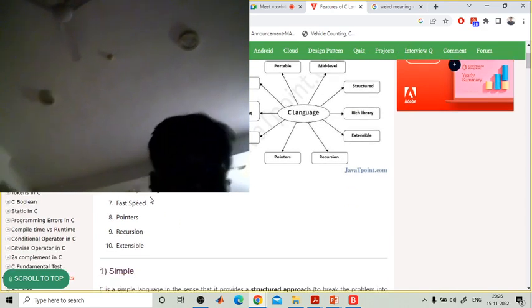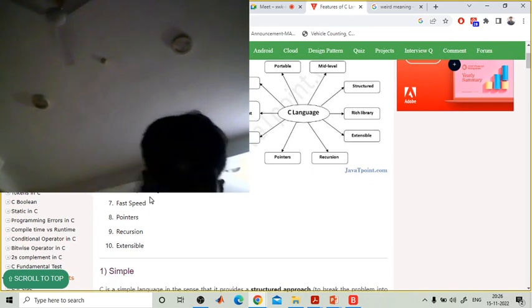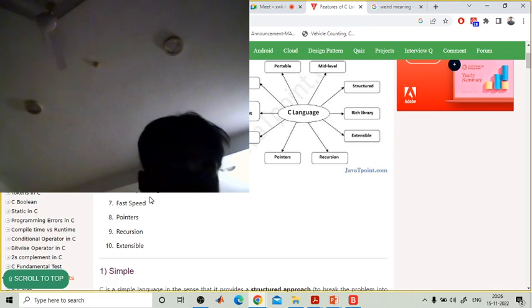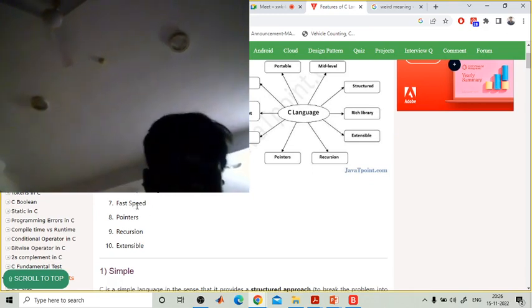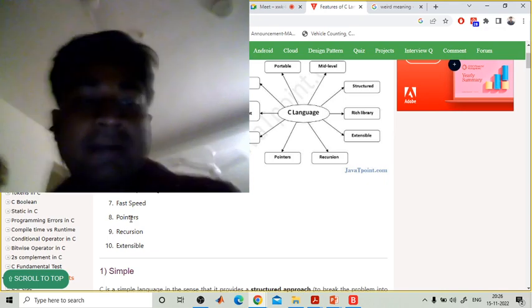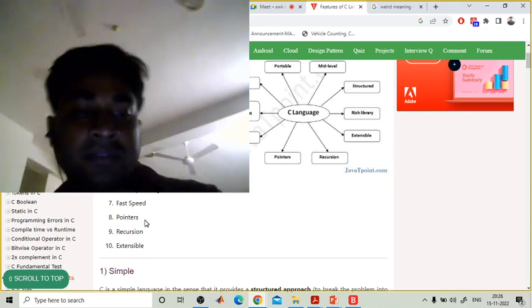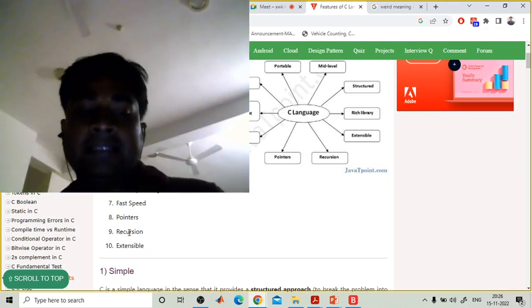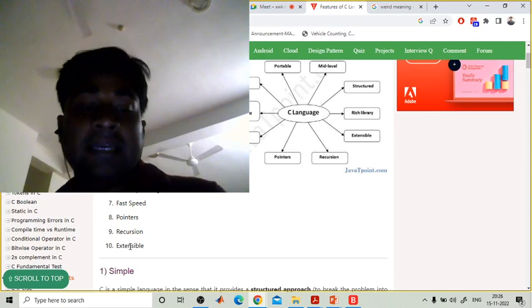Memory management can be done very efficiently because you can allocate memory and also free memory. It is very fast. The pointer concept is there in C. C and C++ support the concept of pointers, but Java does not. And then recursion is there, and it is extensible.